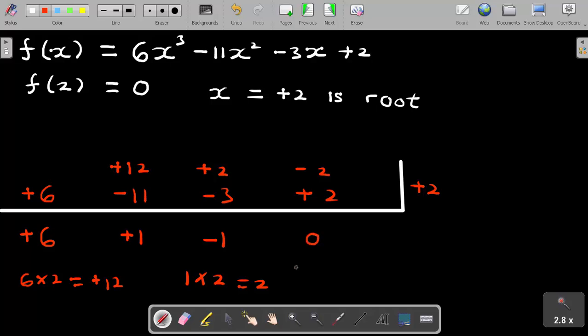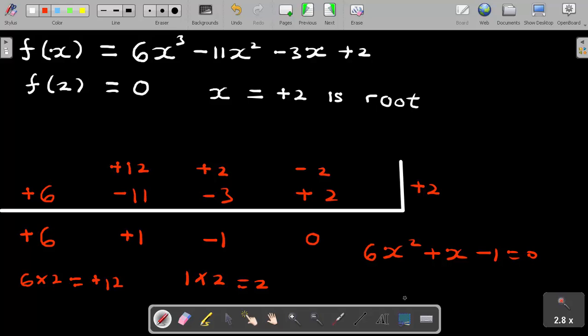So meaning that now I'm solving my expression. The first one was my first answer, together with this other one, which is quadratic: 6x squared plus x minus 1 equals to 0. What do you do here?